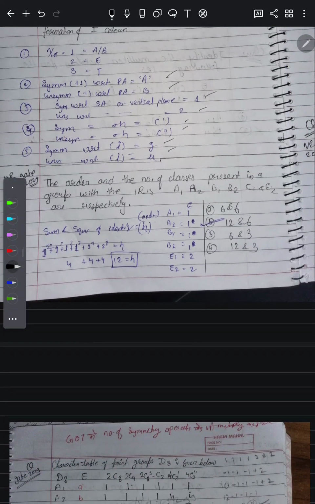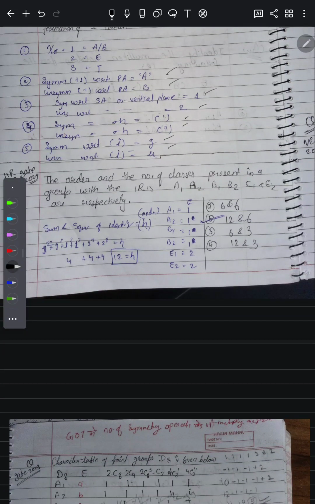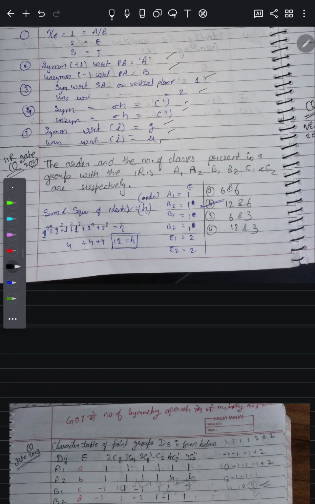So now let's discuss some questions which can be asked. The first question, asked in 2024, is to find the order and the number of classes present in a group with the irreducible representations A1, A2, B1, B2, E1, E2 respectively.